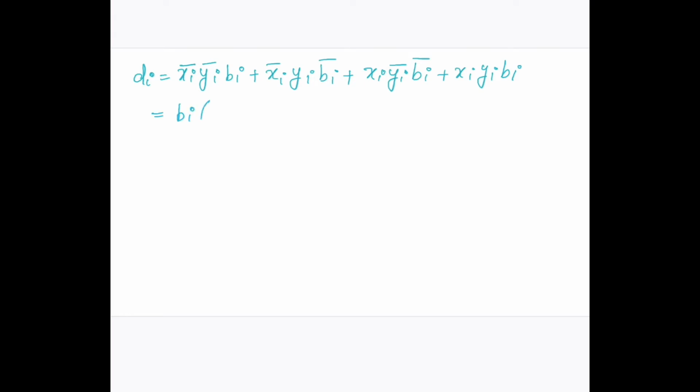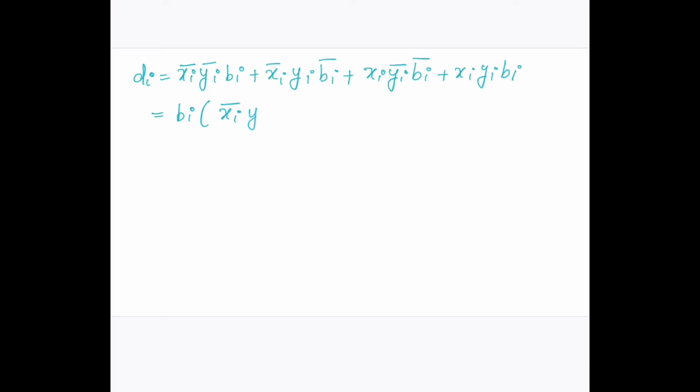So the expression can be written as di is equal to xi bar, yi bar, bi plus xi bar, yi, bi bar plus xi, yi bar, bi bar plus xi, yi, bi. So bi can be taken outside.